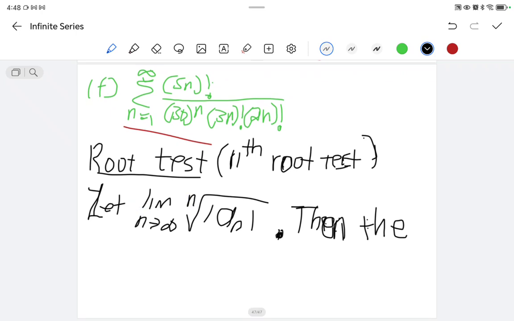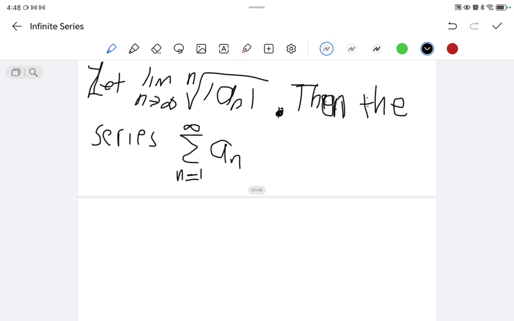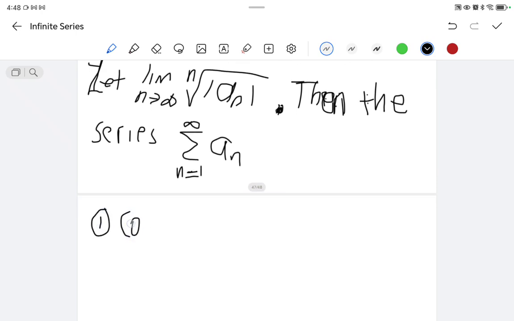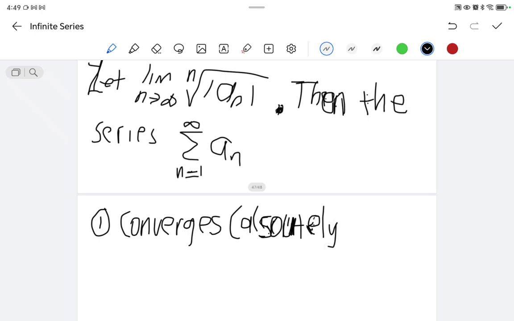We can say the series converges absolutely if L is less than 1.